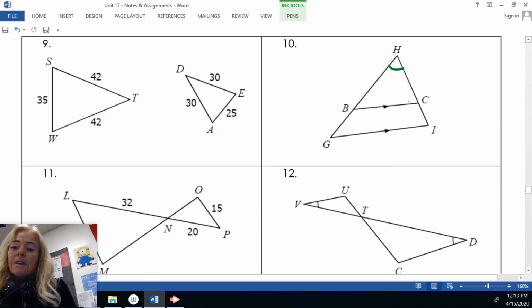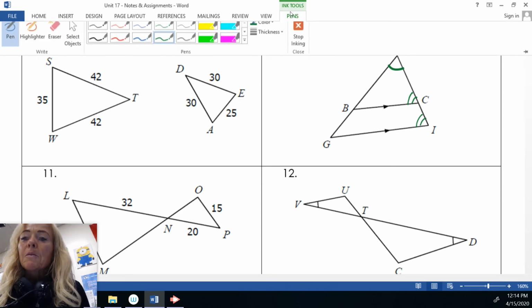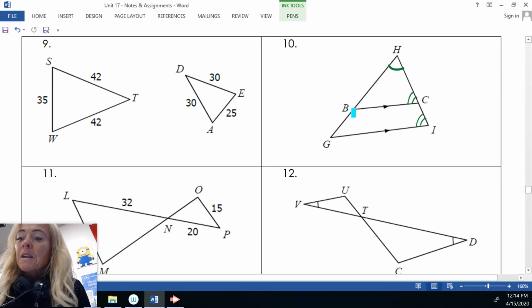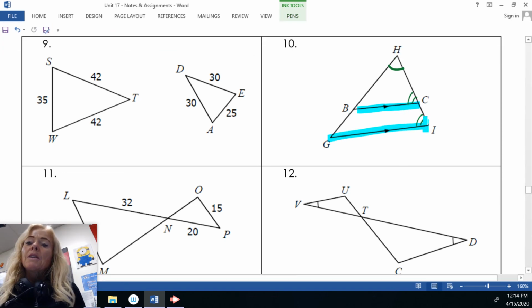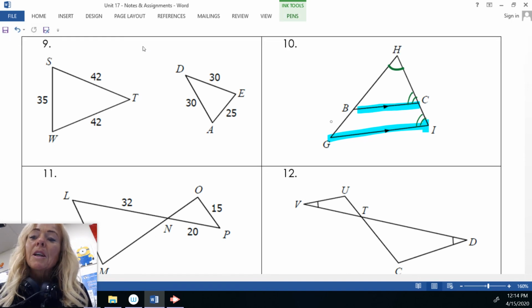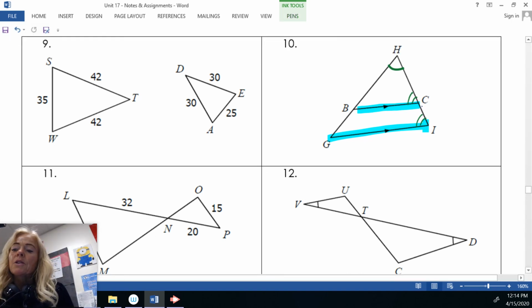We need to check to see if any of the other angles are congruent. And I hope most of you are raising your hand out there and saying, oh, I know. This angle is congruent to this angle because they're corresponding. I have 2 parallel lines, and when I have 2 parallel lines, right here and right here are parallel, then I know that the angles that are corresponding angles, their relationship is always such that they're congruent. So I have congruent angles.